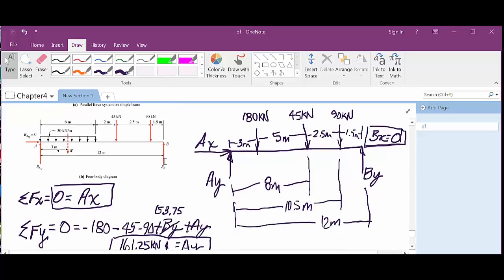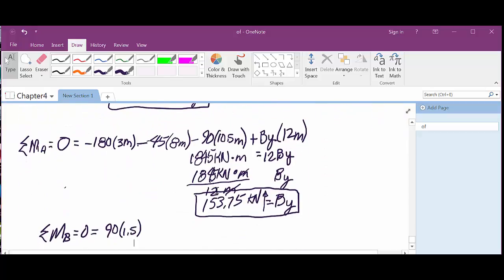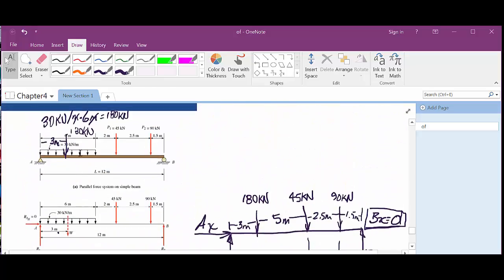Again, BY went away because it's going through the point, right? So 45 times what, 3, 4. So it would have plus 45 times 4. And the 180, that would be 4, 6, and 3 is 9.